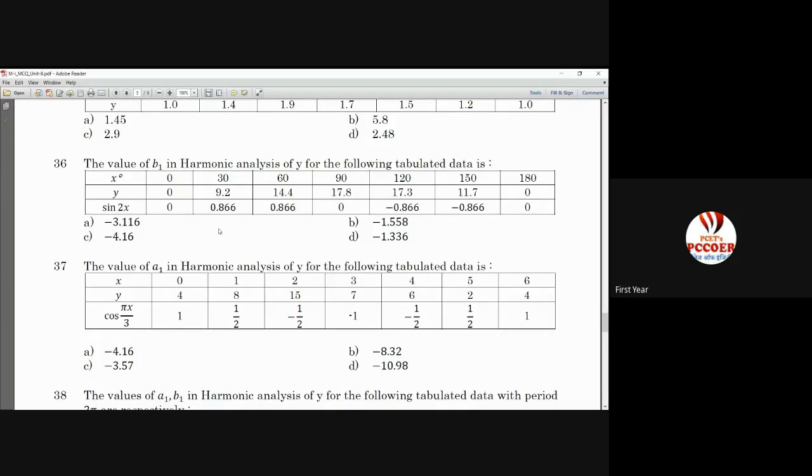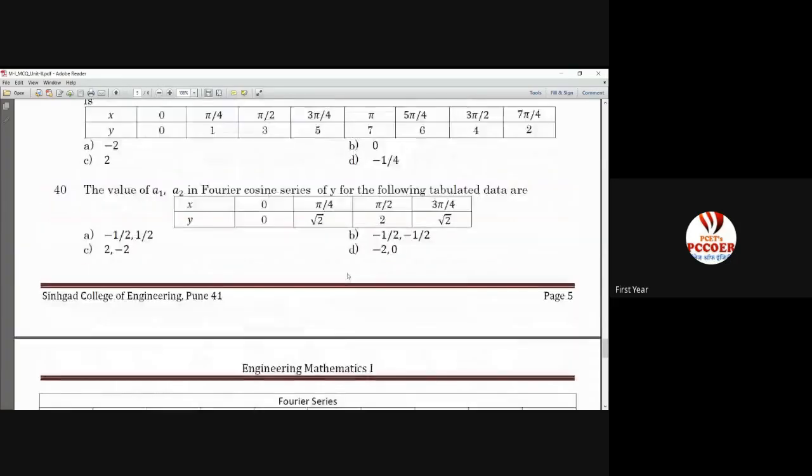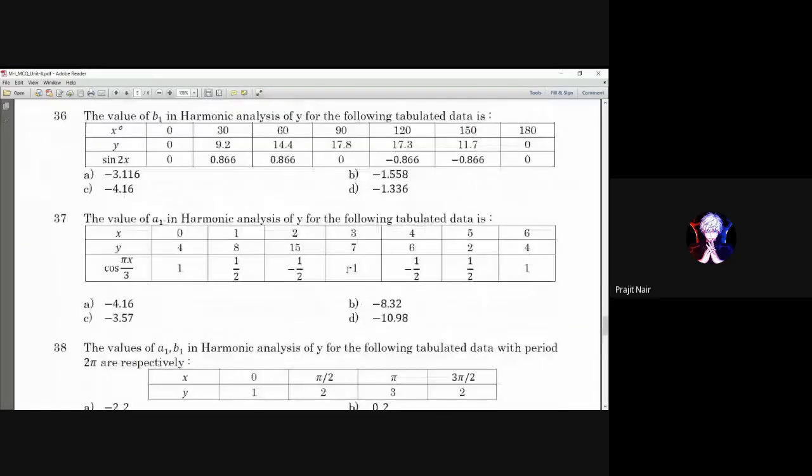What's the answer you're getting? Minus 1.5588. Correct. Minus 1.558 is the answer. Do the multiplication first, then the addition, and divide by 3. So B is the answer to this question.